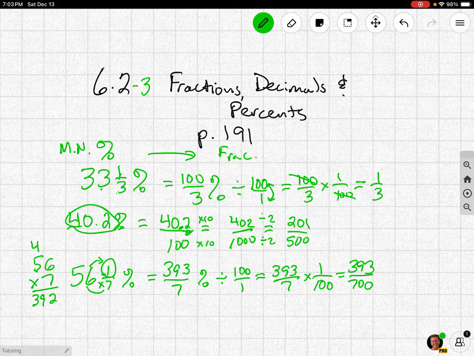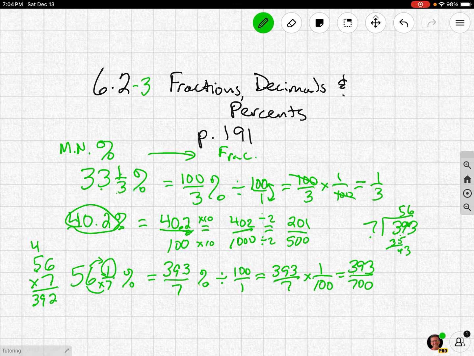Can I divide? I know I can divide 700 by 7. Can I divide 393 by 7? Let's try that. 7 goes into 39 5 times, and that's 35, remainder 4, 43. 7 times 6 is 42. So it does not go in evenly. So I'm going to assume that this is actually simplified as 393 over 700.